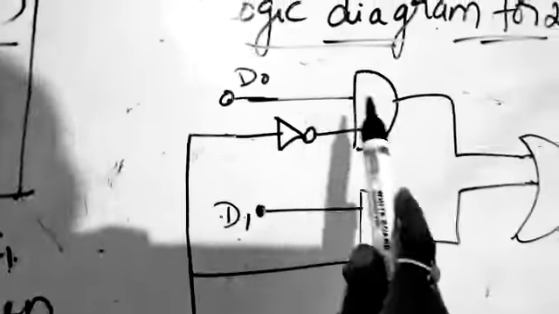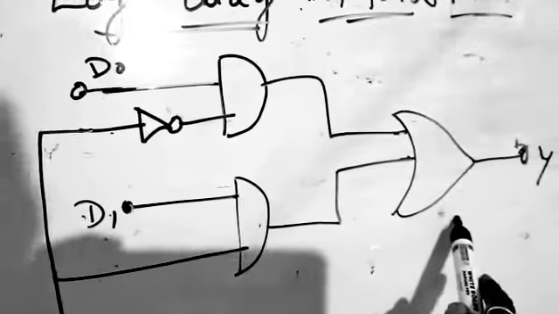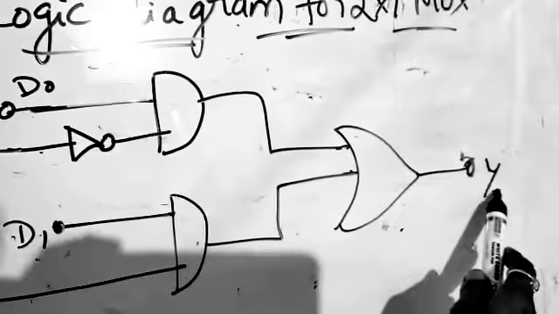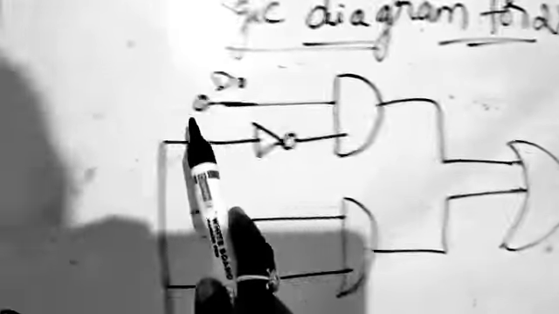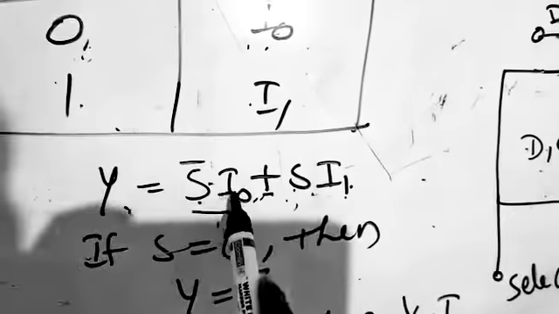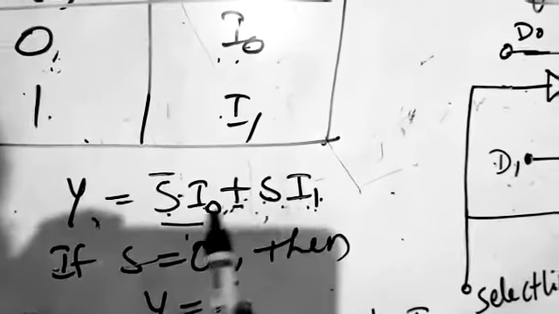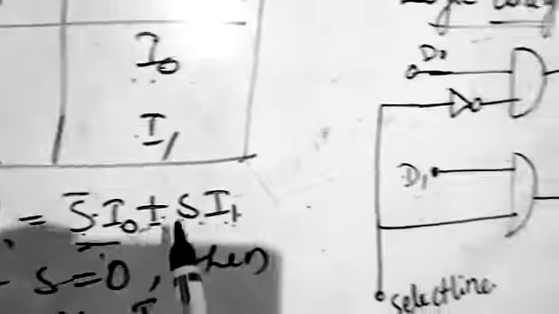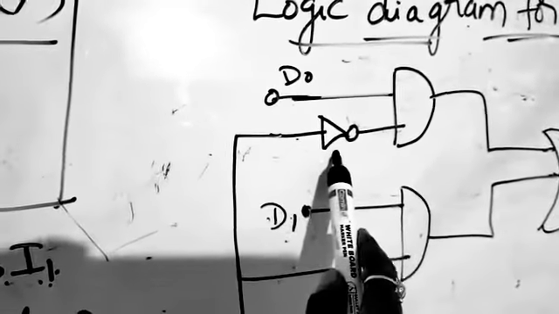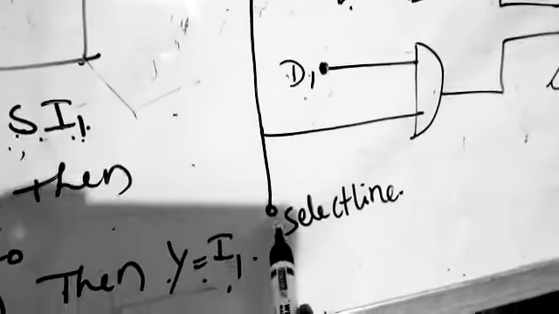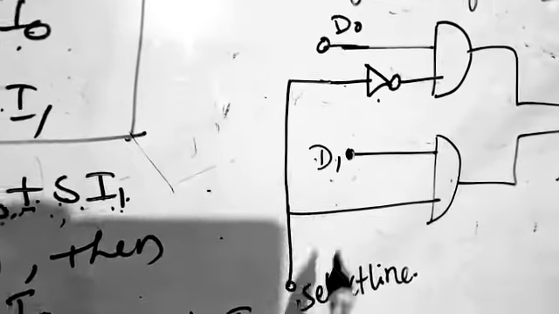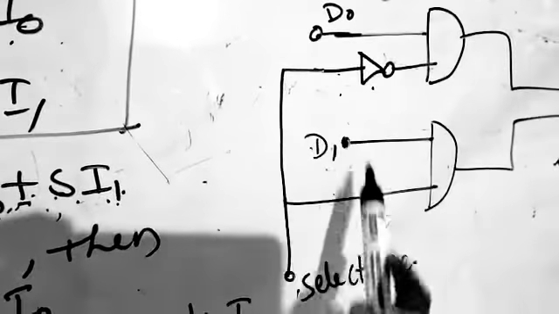This is the AND gates, this is the OR gate, and Y is the final output. S bar means complement. So this is the complemented one, and this is the select line, S bar and S.